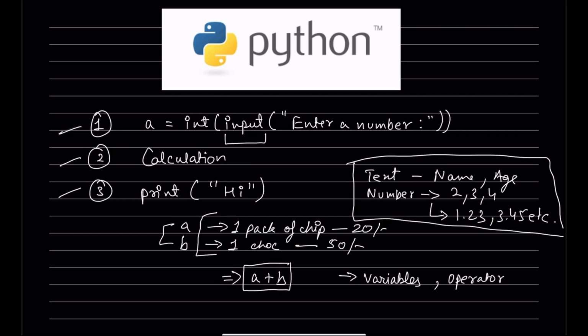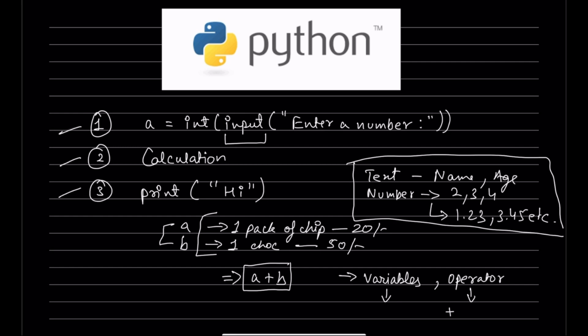So variables, we already discussed, are storage areas where you can store the data, and operators are which help you to operate on those variables. So there are four common operators used in maths, so that's what you are going to use for now.